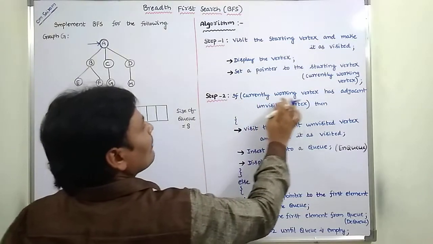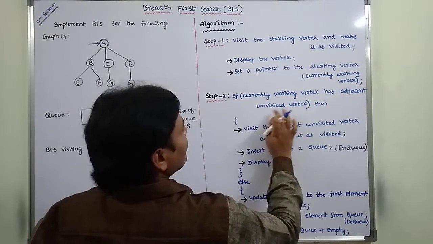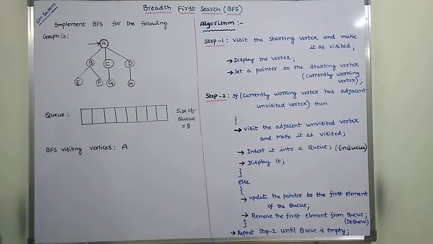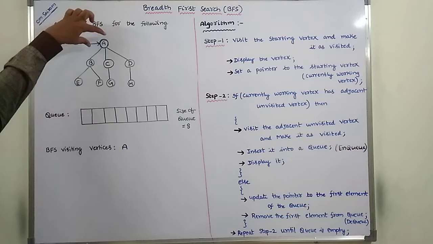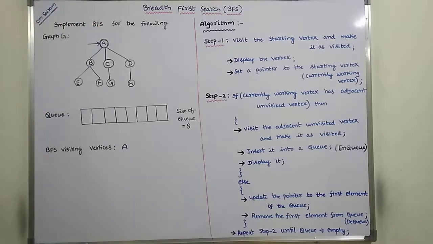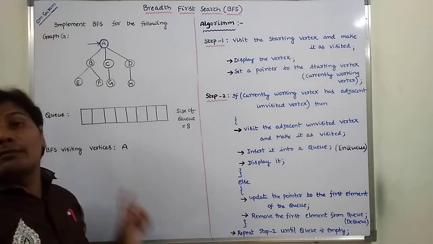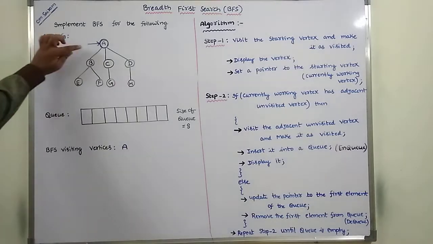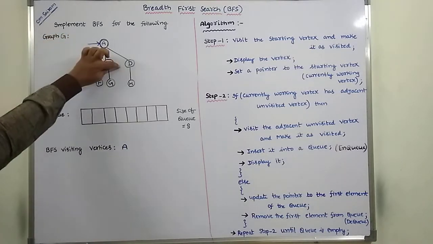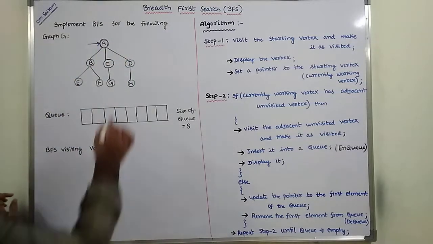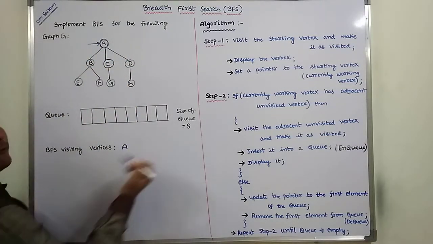If the currently working vertex has an adjacent unvisited vertex. Here the currently working vertex is capital A. Capital A has adjacent unvisited vertices: vertex B, vertex C, vertex D. These vertices are not visited.